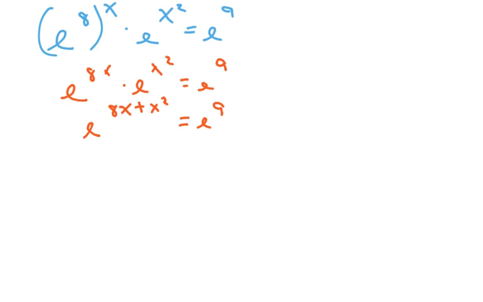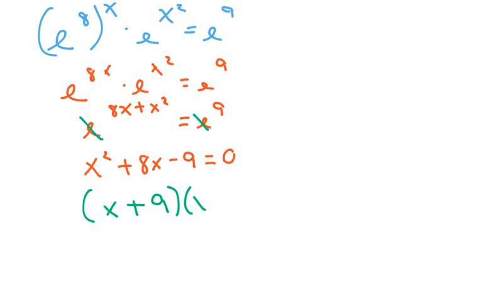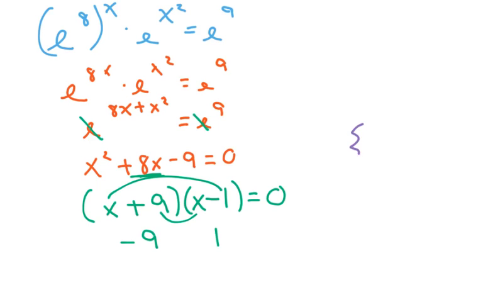And then we can disregard the e, so we have x squared plus 8x minus 9 equals 0. Basically, my bases are the same. And then you factor. When you're factoring, always check. You want to get that middle term, so that's negative 1 plus 9. So our solution set here is negative 9 and 1. And the way you write that is negative 9 and 1.